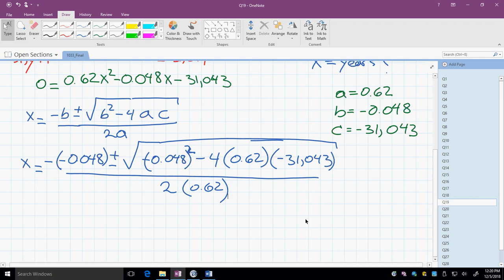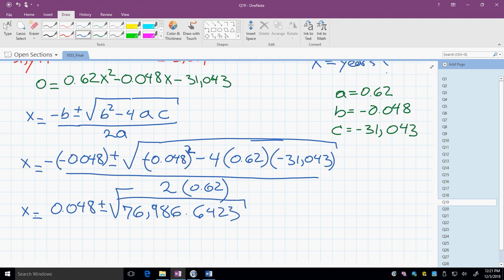That gives you a long crazy number. Here you're going to start by cleaning up the signs. Negative and negative is positive, so 0.048 plus or minus, and inside the square root I have 76,986.6423. It's around here. Did you get the same? Someone is trying? You guys need your graphing calculator.